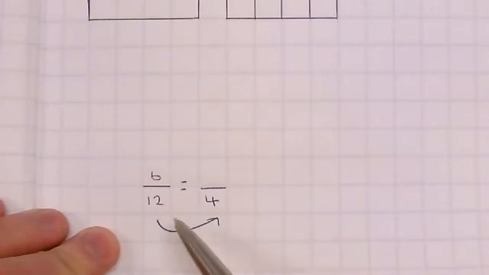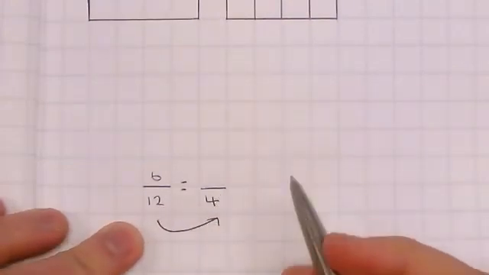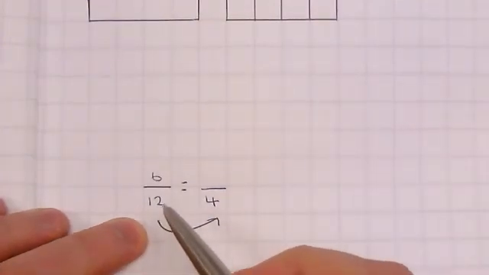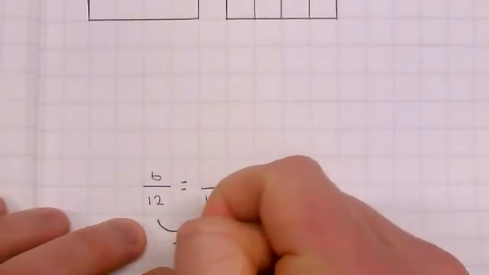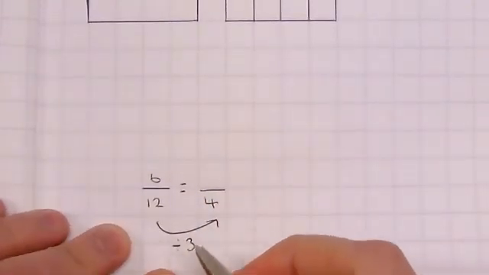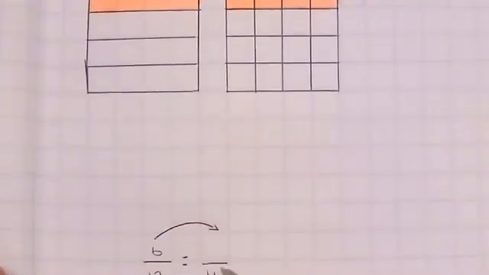I've got to use my times table knowledge. What have I done to 12 to get to 4? 4, 8, I did 4 times 3 is 12. So therefore 12 divided by 3 equals 4. Because I've worked out that relationship and what I do to the bottom, I do to the top, I can now work out my missing number.